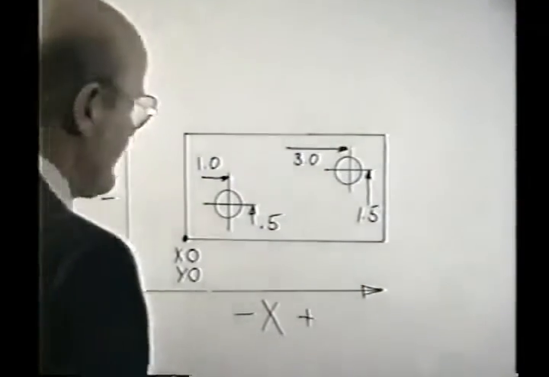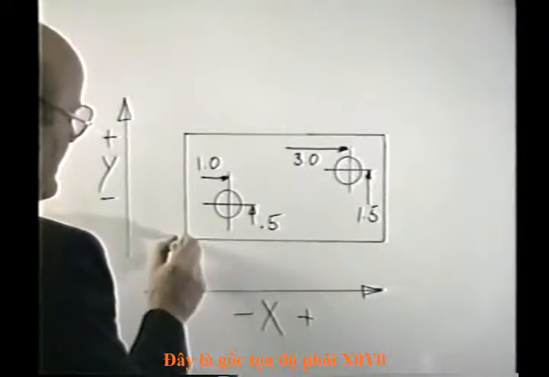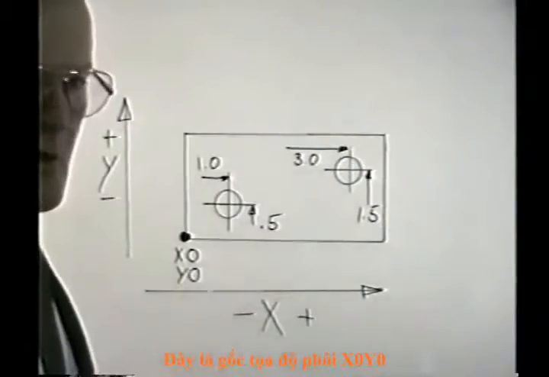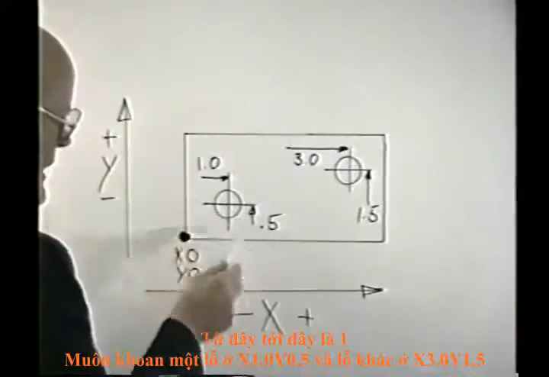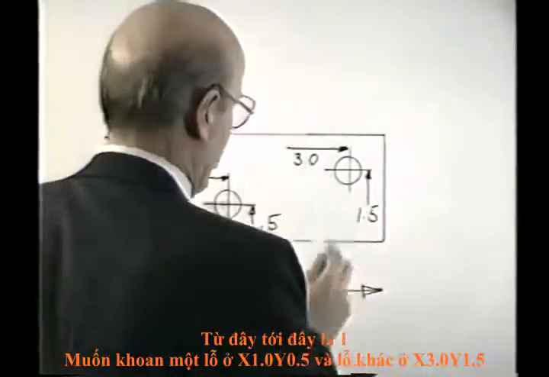We have a drilled part. We want to count this right here to be 0, 0, and we'll do that later through a thing called coordinate system setting. Now we would like to drill a hole at 1 by 0.5 and another hole at 3 by 1.5.